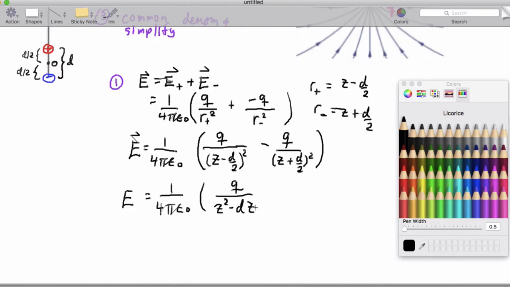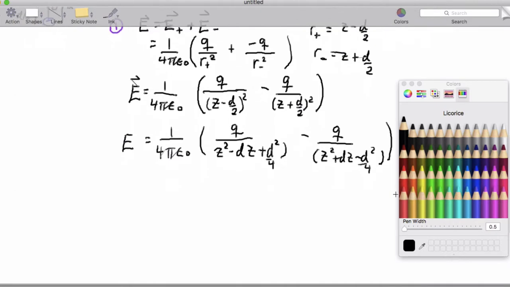Careful, it's not 2dz. It's 2 on the bottom. So when you do the FOIL thing and you get 2d times z, there's a 2 on the bottom here that cancels that. Plus d squared over 4, minus q over z squared plus dz minus d squared over 4, and that should be over 4 right here.